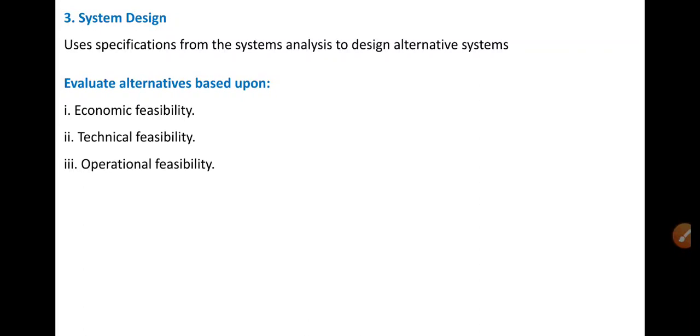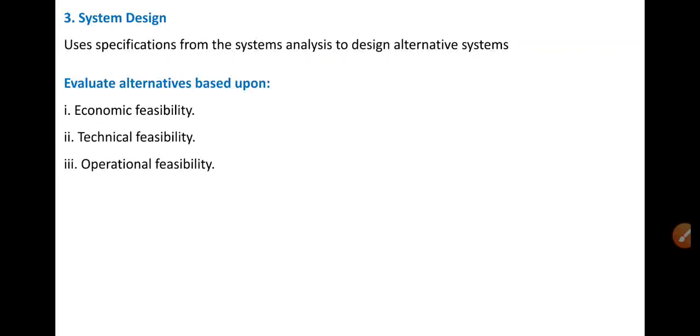Not only these things, this step also includes designing forms and reports, designing interfaces and dialogues, designing databases and files which are required for developing an information system, and also designing processing and logic or programs for the development of the information system.